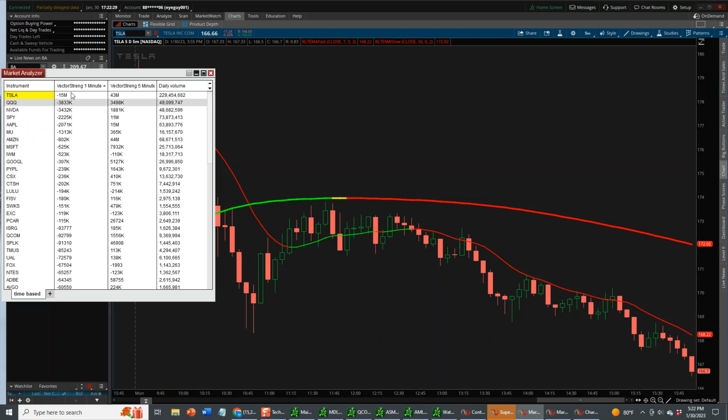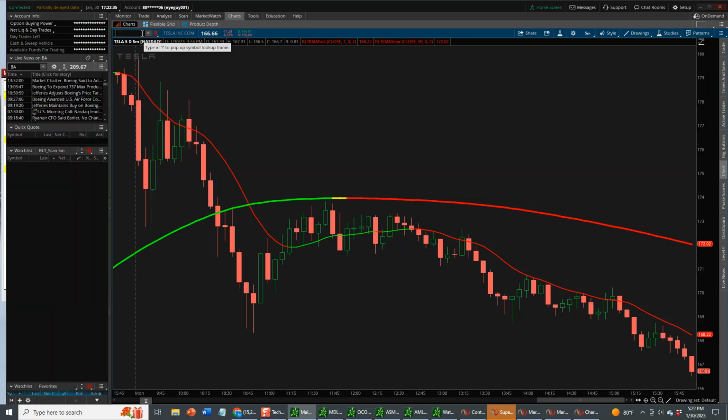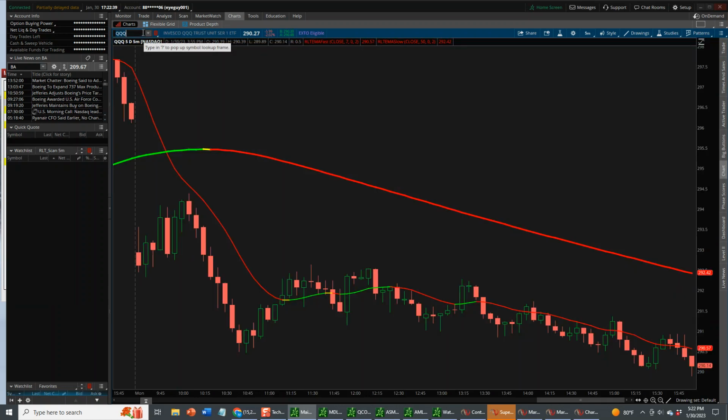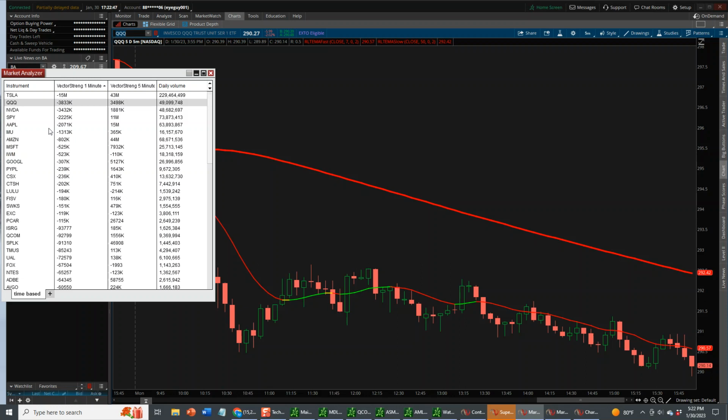The 1 minute cumulative is negative, and we're going to put in the Qs. Straight down today. If you traded the Qs today short on a weekly option, you would have done extremely well.